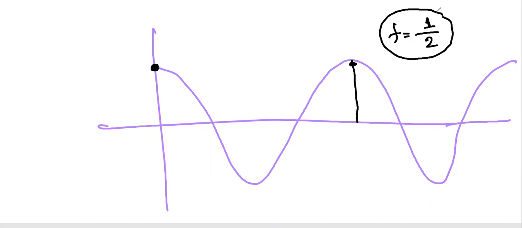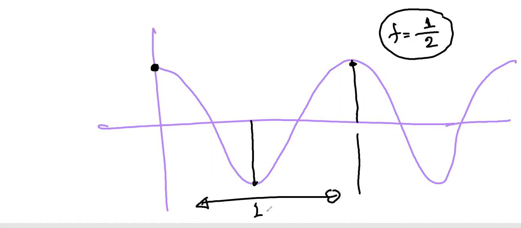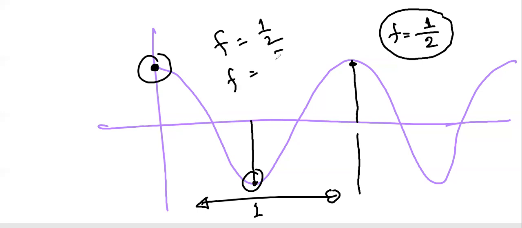What should be the maximum value of F to retrieve your signal back? That is 1/2. We have already mentioned that this is a full cycle. For a full cycle, how many samples do you need? 2 samples. So by definition F is equal to 1/2. If you have F equal to 1/4, very good. If you have F equal to 1/8, very good.